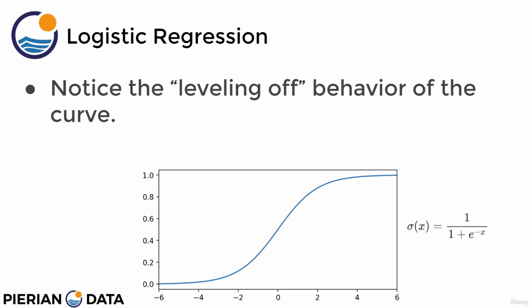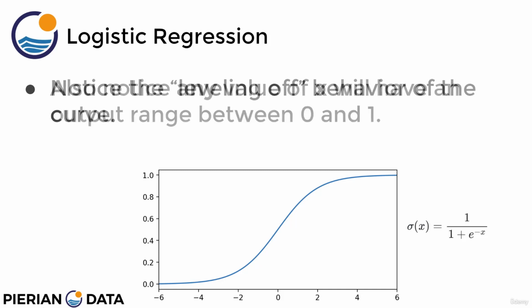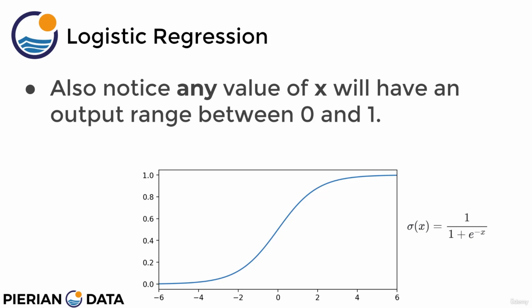And you should notice it going in both directions for x negative values and x positive values, where we have this curve limit to 0 as you go negative, and this curve limit to 1 as you go positive. So there's, again, those two characteristics, the leveling off features in both directions, and the notification that any value of x will have an output range between 0 and 1.